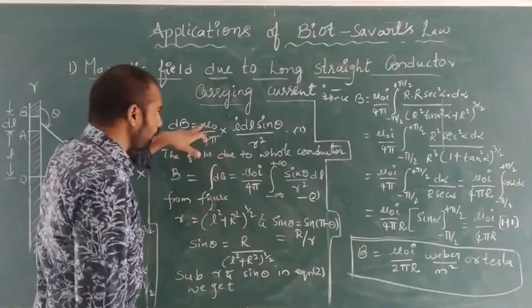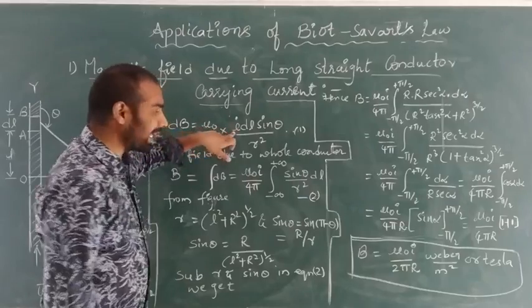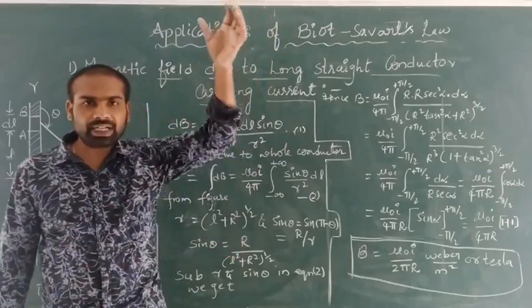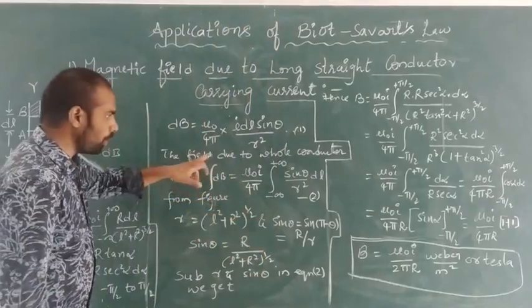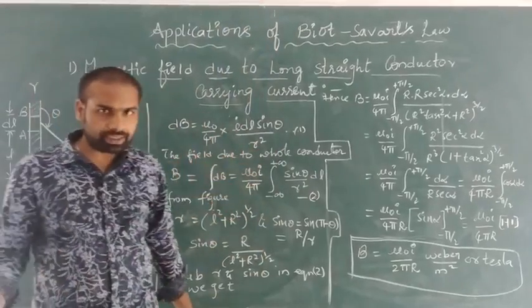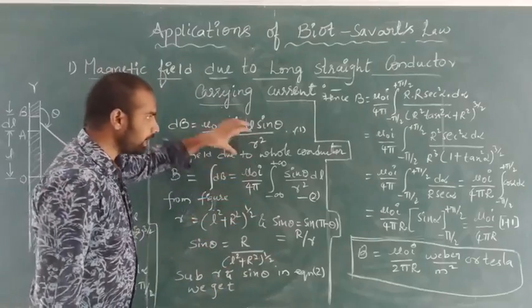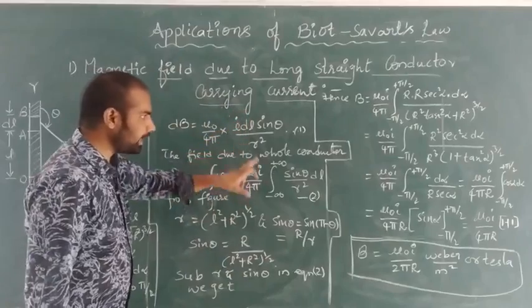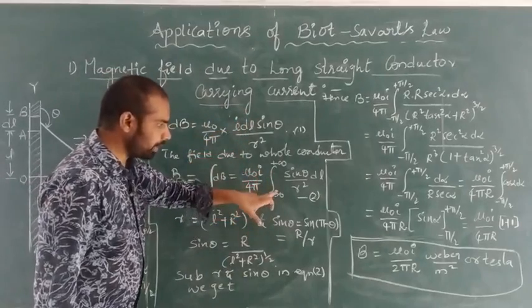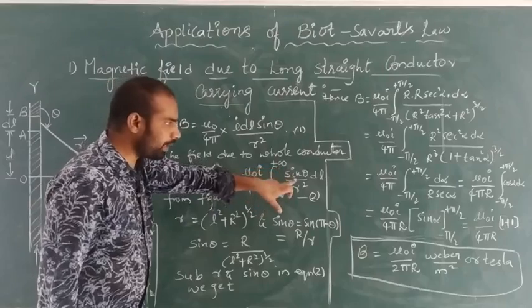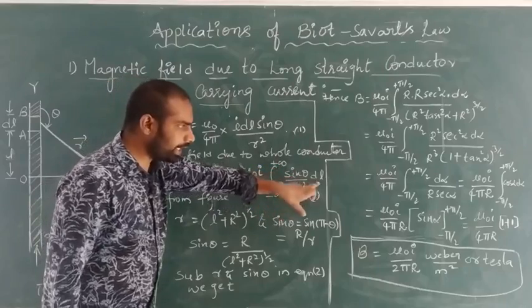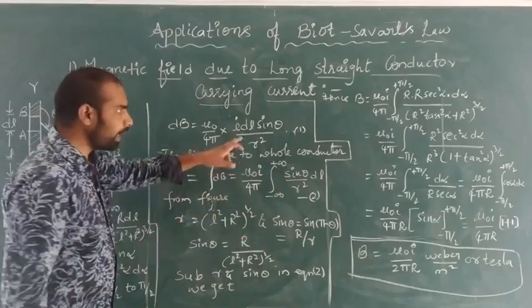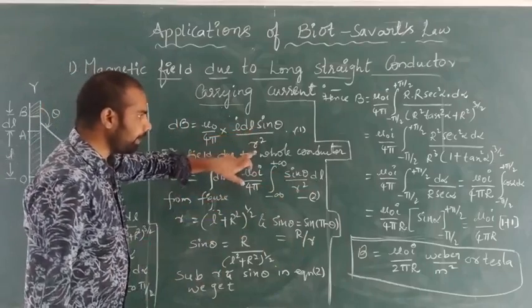Here mu naught by 4 pi and the current I in the infinite conductor are constants. So taking mu naught I by 4 pi outside, we integrate the remaining terms from minus infinity to plus infinity: sin theta dl by r square.